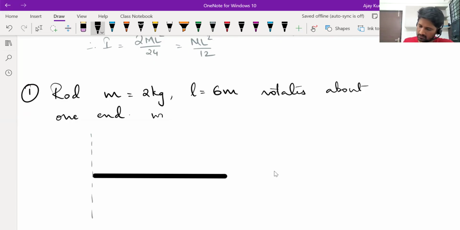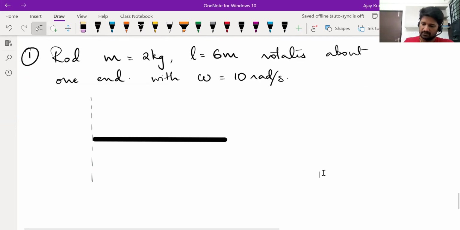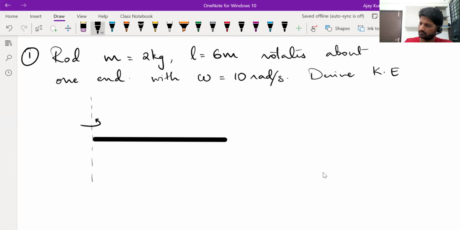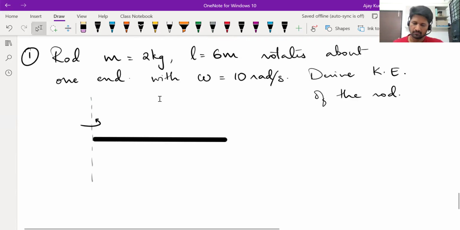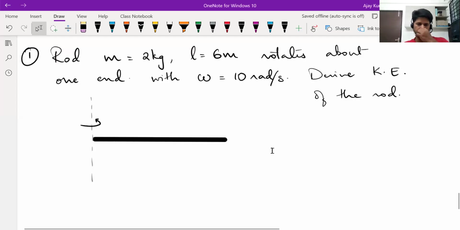Rotates about one end with angular velocity of, say, 10 radians per second. Okay, that is how fast it is spinning. Derive its kinetic energy. It is spinning around this axis. Okay, I got one answer as 1200 joules.